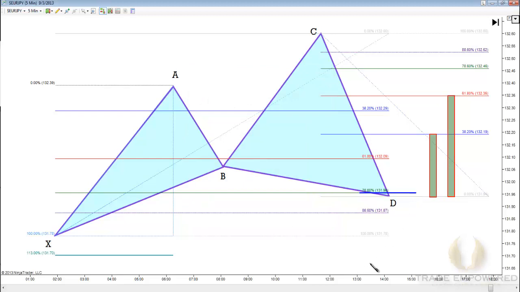As always, once target 1 is achieved, we want to take our stop loss and bring that up to our break even point. That way we cannot take a loss on the remaining half of our position.